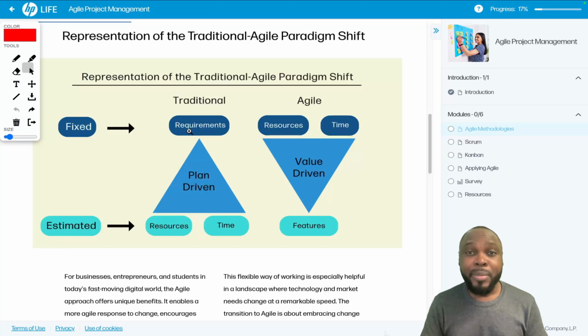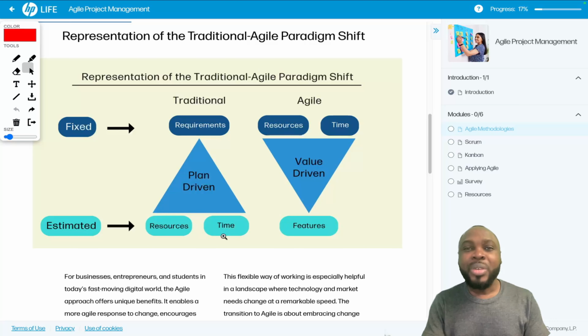So all these requirements, all these needs, are fixed and known. They won't change. And we now have a detailed plan on how to achieve our requirements. So what is estimated is now the resources and time.